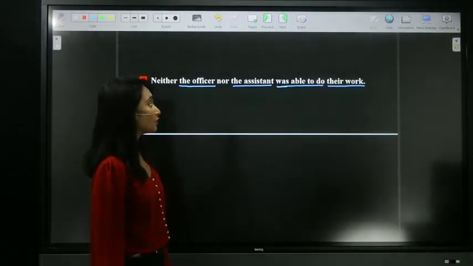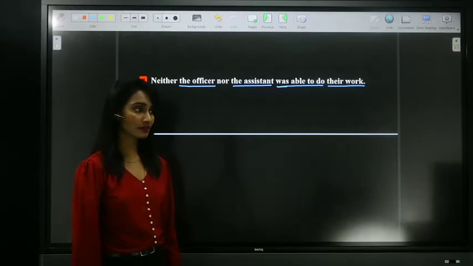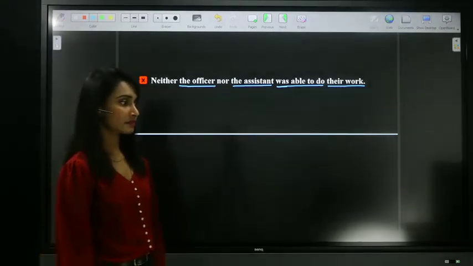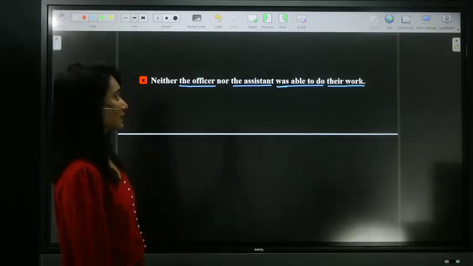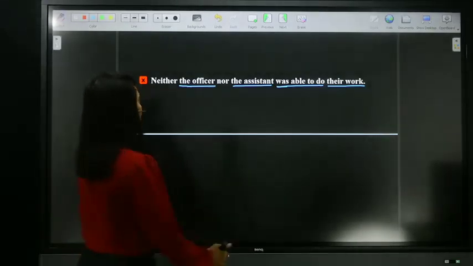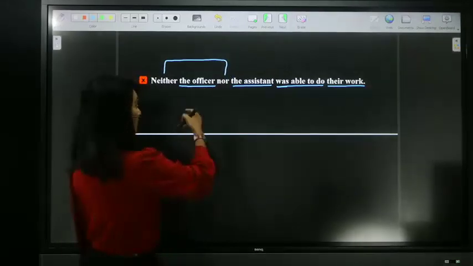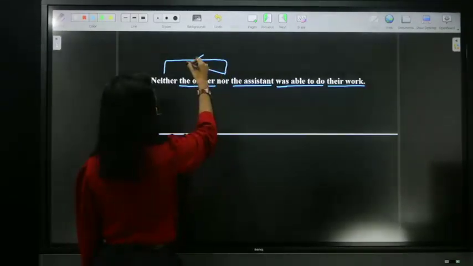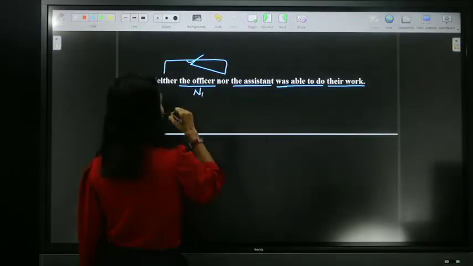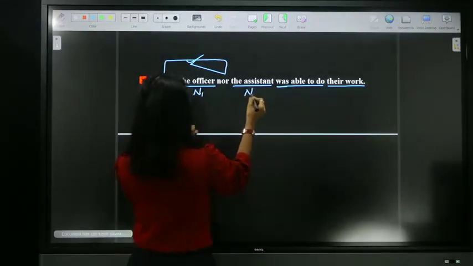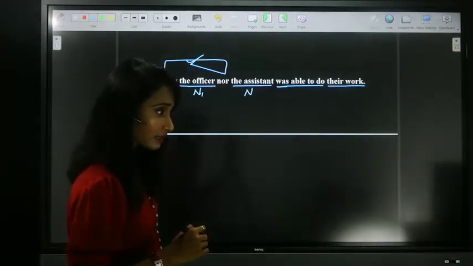Neither the officer nor the assistant was able to do their work. Were, Swapna, correct. You are right, Swapna. Neither nor, correlative conjunction. Pair is correct? Yes, it is correct. Followed by the same parts of speech, neither the officer, correct, nor the assistant.